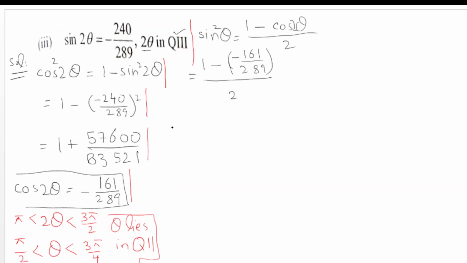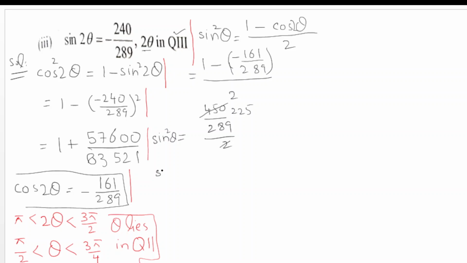Now over 2 is there. So let's open the bracket now and then solve. So I will put it directly, that will be 450 by 289, okay, by 2. So that is sine square theta on either side. So after cancelling, you can cancel out like this. So 2 times 225 is 450.